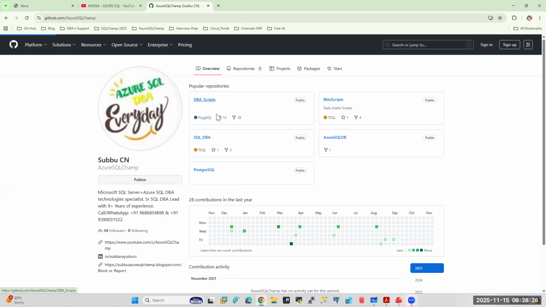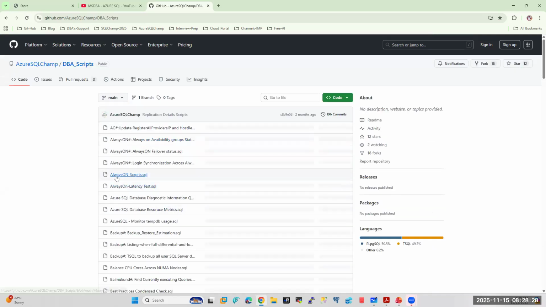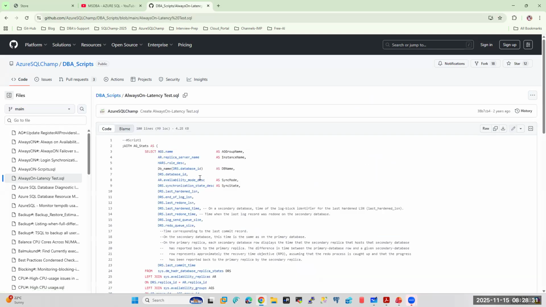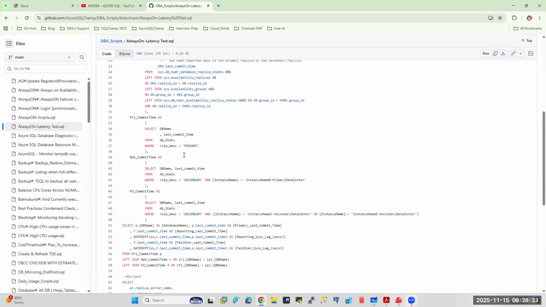We will keep these repositories up to date. For example, if you went to this blog and feel that you have a better script than this, don't hesitate to ping us. We won't take it negatively. This entire Azure SQL Champ is not dedicated to Subbu or to Sai. This is ours, so always feel this is ours. We need to improve this.